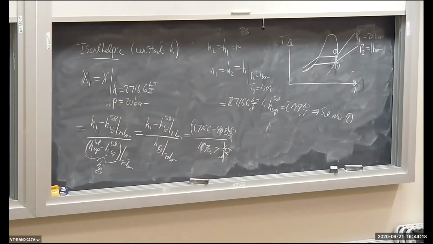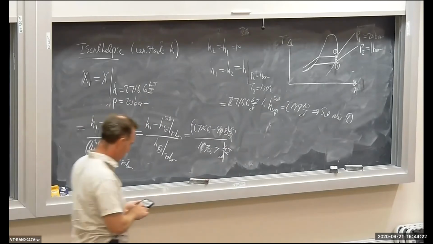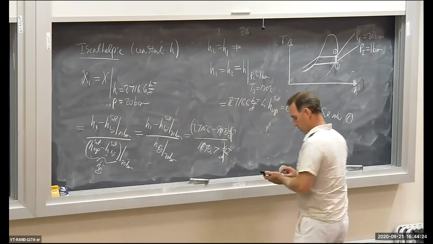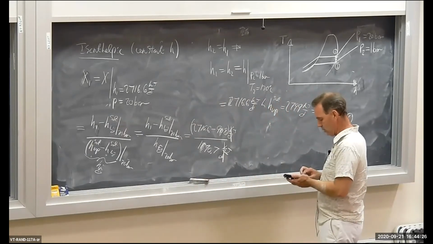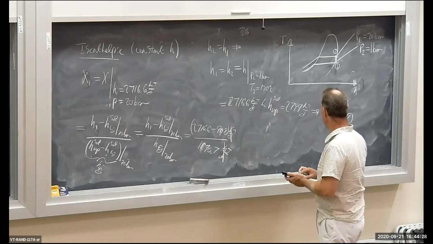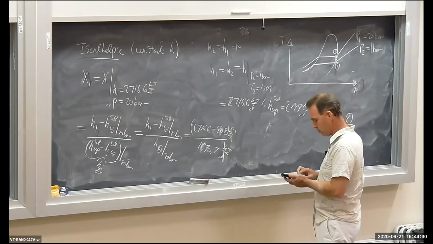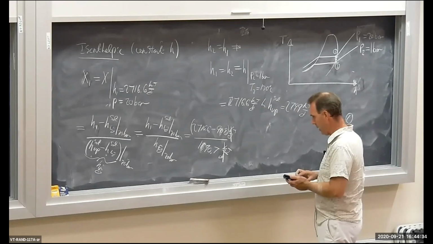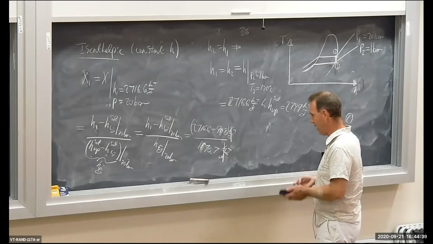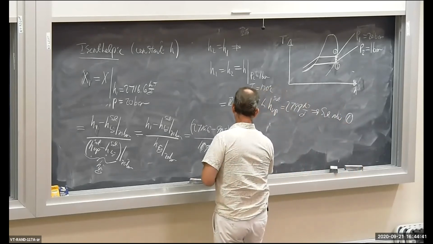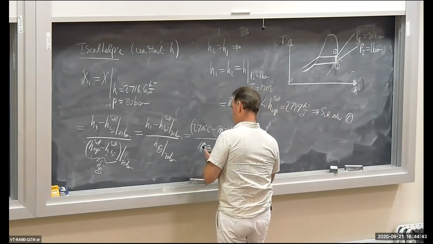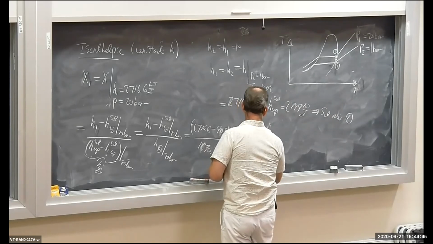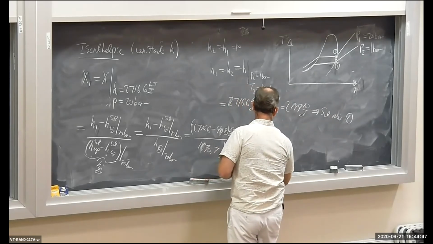And what is our final quality? It looks like it's going to be pretty close to 90-something percent. Let's see here. 2716.6 minus 908, divided by 1890.7. 0.956, or 95.6%.